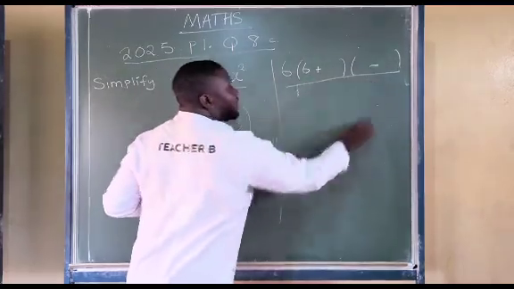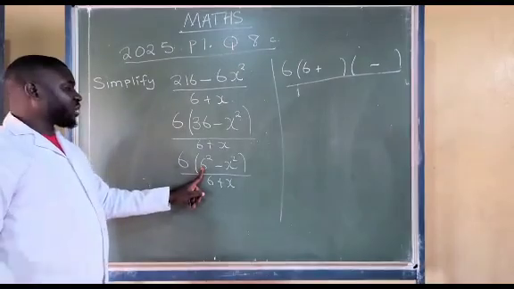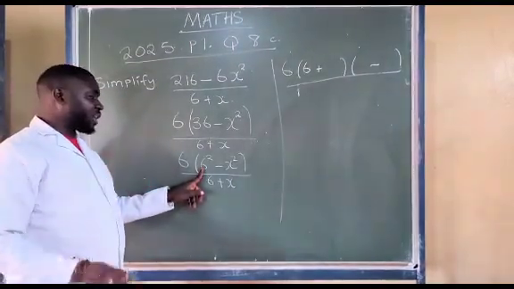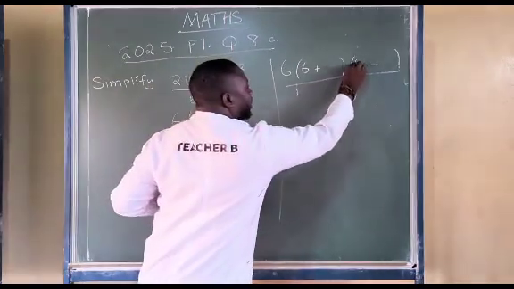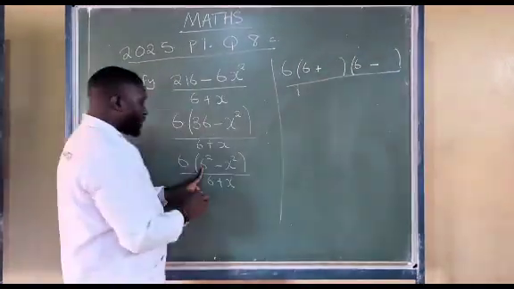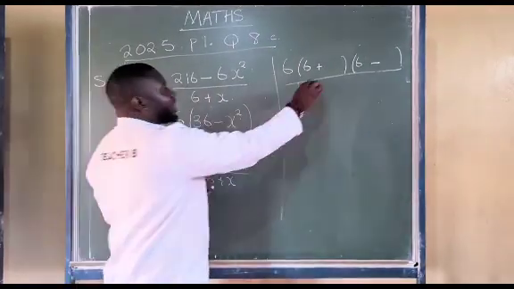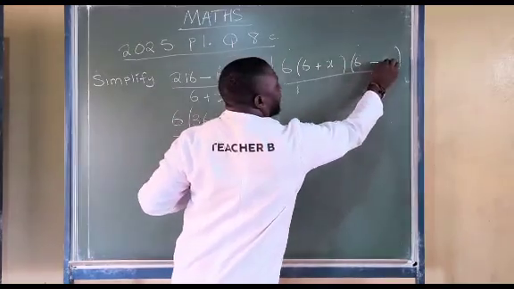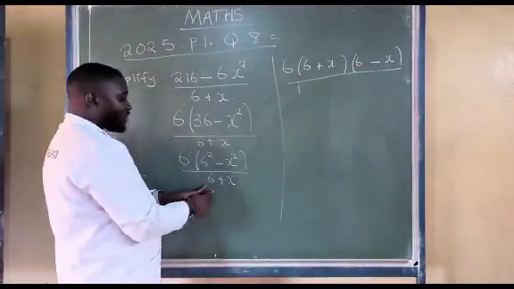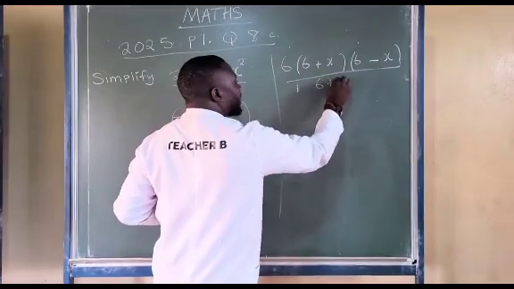Remember, the other one should carry a negative, because a square gives us two answers, a positive and a negative. So even this side here, we have a 6. Then for x squared, the other x comes here, and the other x goes to the other side, over 6 plus x.